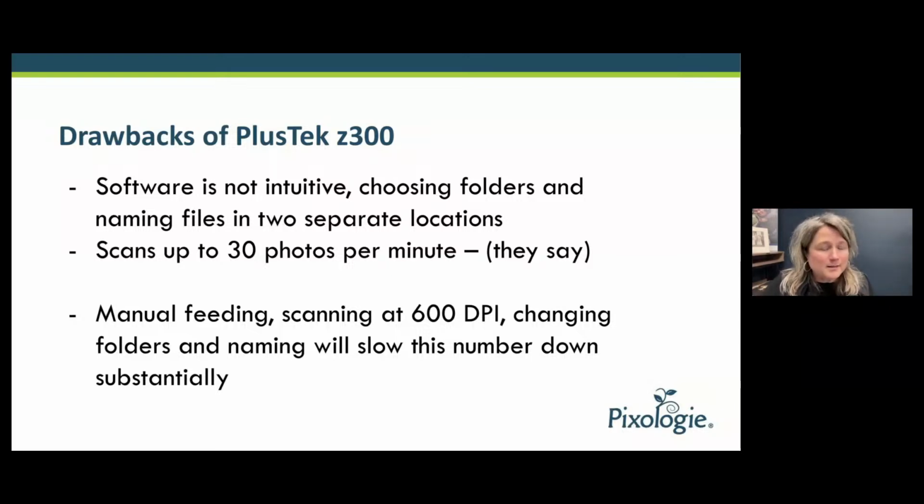I know that 2 seconds per photo is based on 300 dots per inch. So scanning at 600 DPI is going to slow you down, and then naming the folders and files will slow you down as well. So I think if you have under 1,000 pictures and you've got time, it might be worth it.